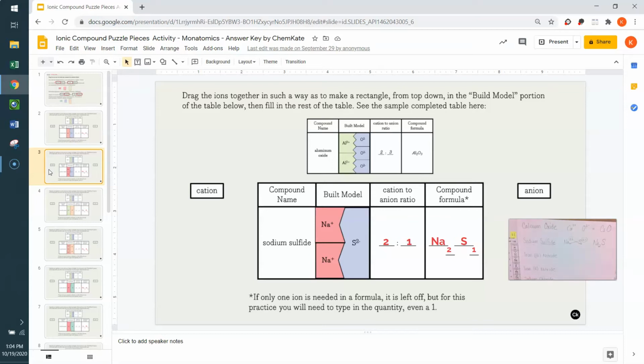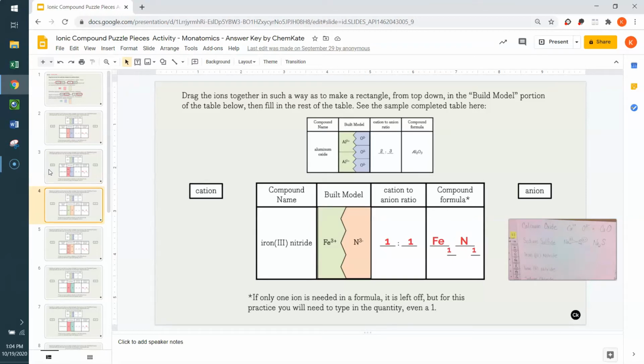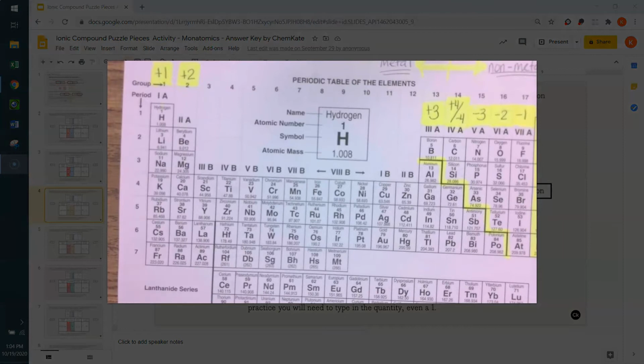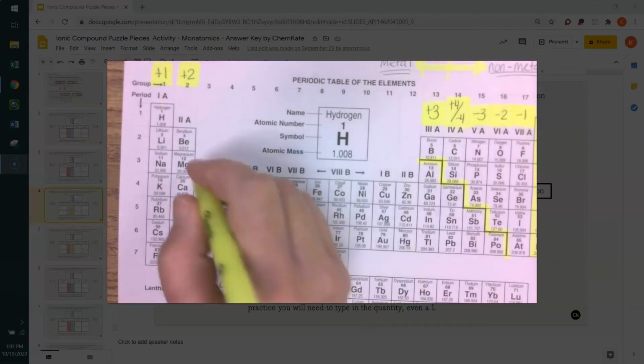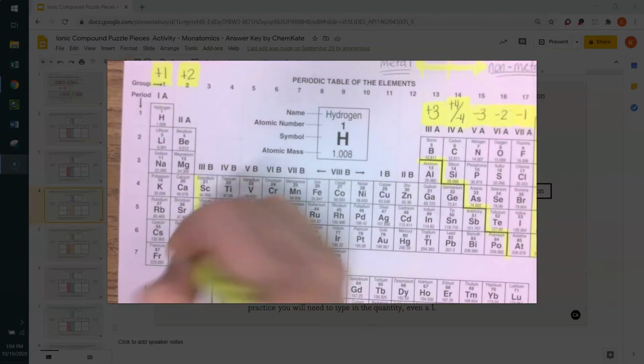Good. Now, I think it's important here, when we're looking at the next couple of slides, to understand where our Roman numerals are coming from. That is because elements in the middle block of your periodic table, specifically known as the transition metals, do not get listed as a specific charge because they form more than one type of ion.